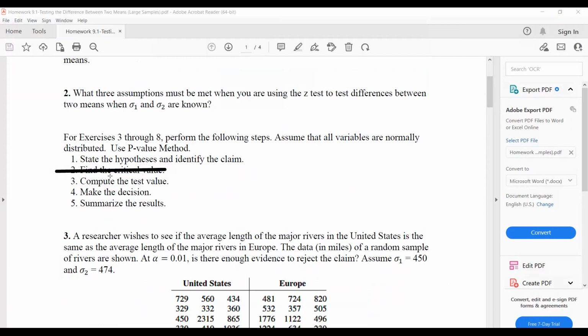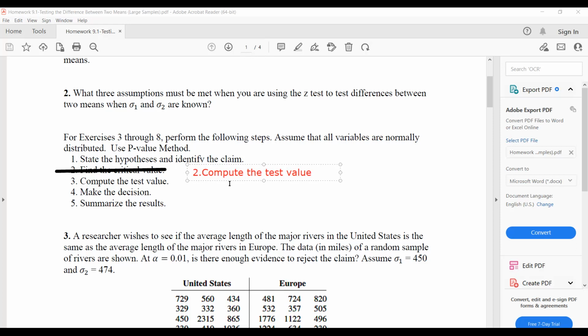So step 2 should be compute the test value. Actually calculate the test value. That is step 2.